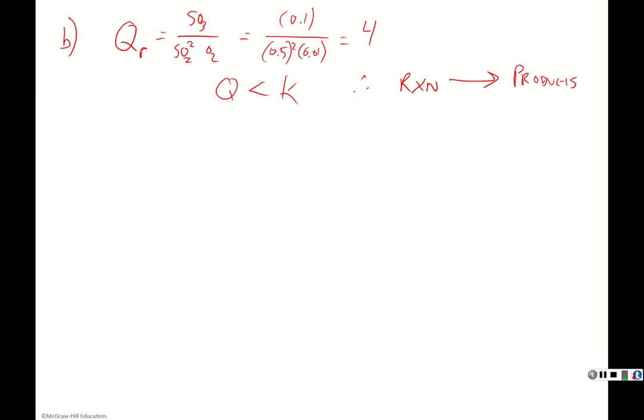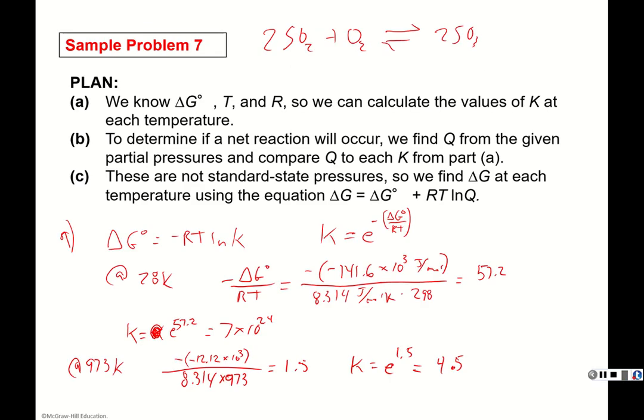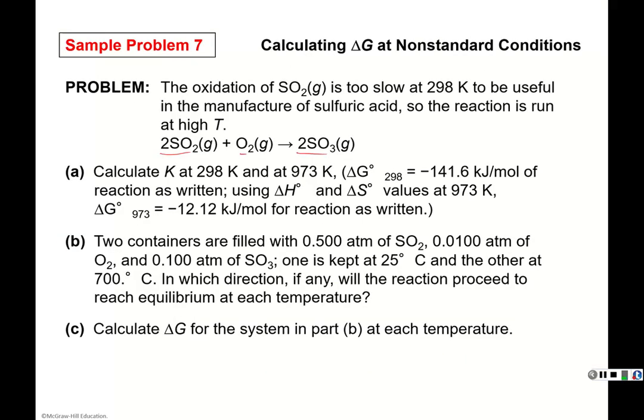Okay, finally, part C. Let's remind ourselves what the question is: calculate delta G for the system in part B at each temperature.